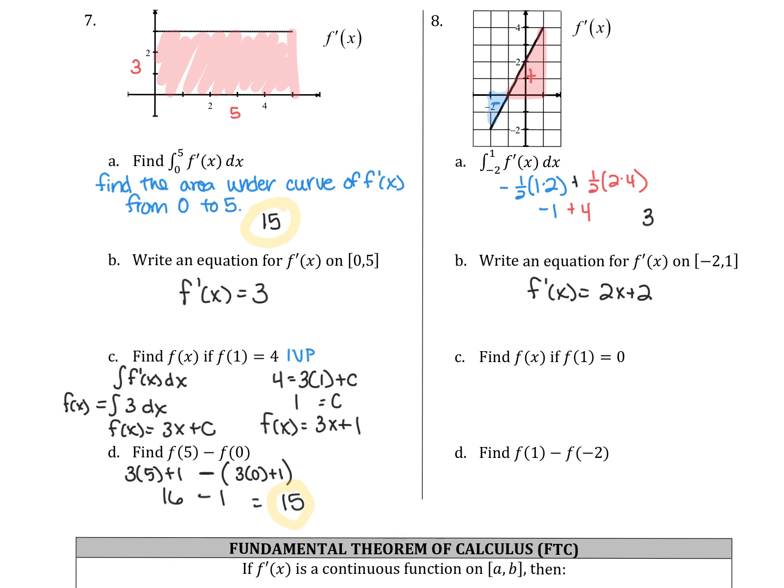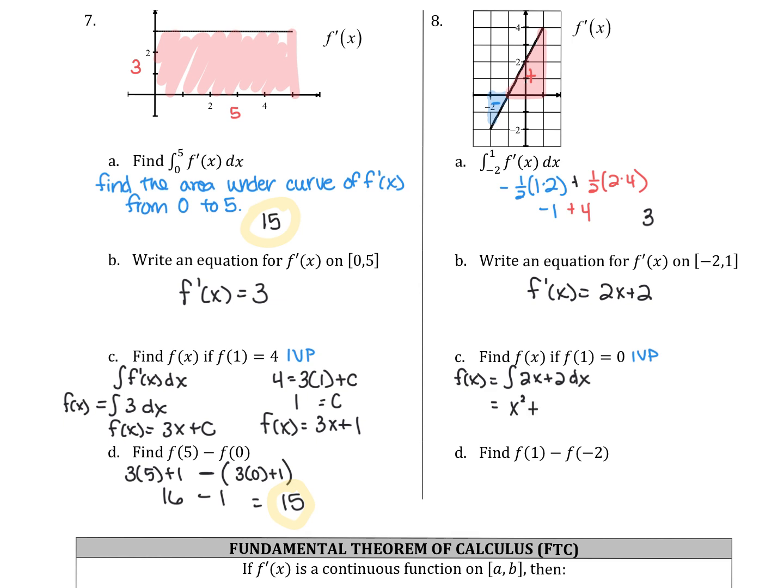Okay, so let's use an IVP problem again. And this time I want to find when f of 1 is 0. So I know f of x is equivalent to the integral of 2x plus 2 dx. And if I integrate this, I would go up a degree and divide by that degree. But I already had the 2 out front. So that just cancels out. Actually, I'm going to leave it.